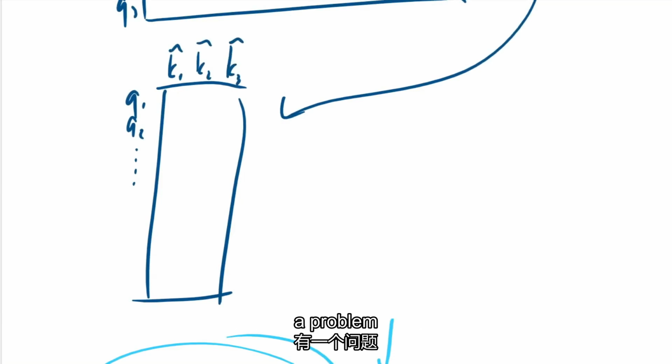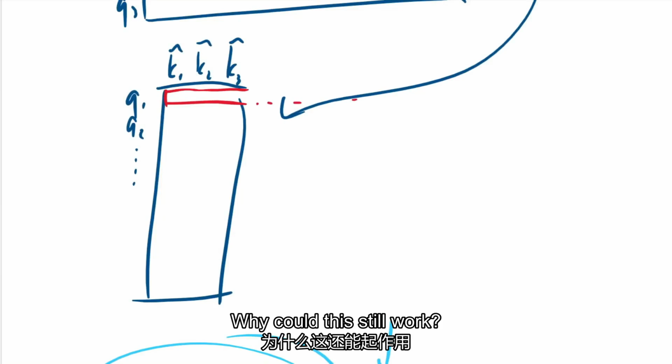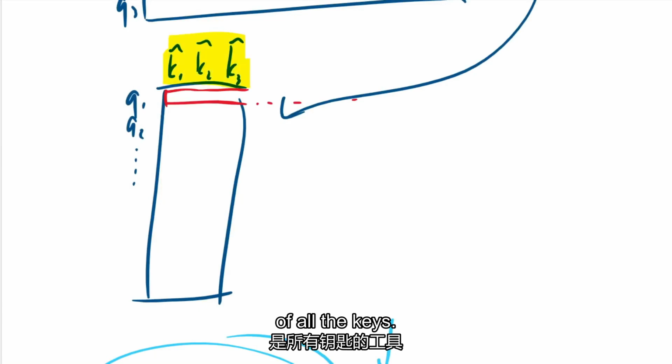Now we have a problem, because if we want to normalize by row, we're missing a whole bunch of keys. Now, why could this still work? It could still work because, as we said, these things here are actually the means of all the keys. This is the mean of the first third of the keys. This is the mean of the second third of all the keys, and so on.